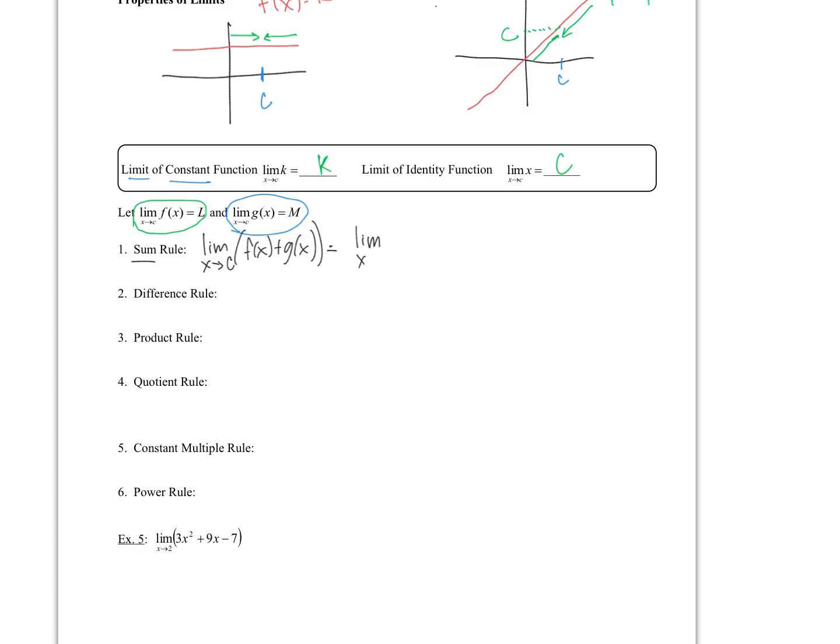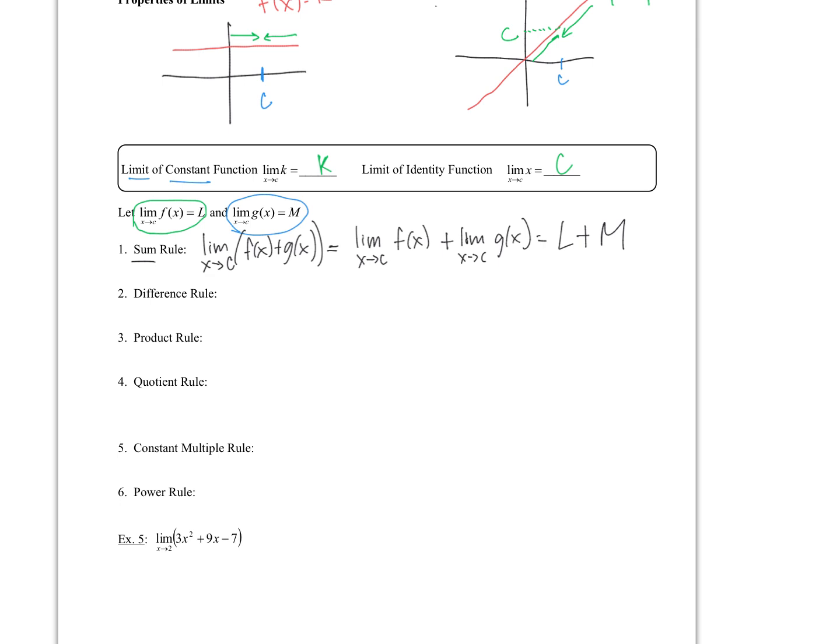Maybe I should put parentheses so you can kind of understand what I'm talking about. Instead of doing the limit of the sum of the functions, I can take each individual limit. So that means L plus M.